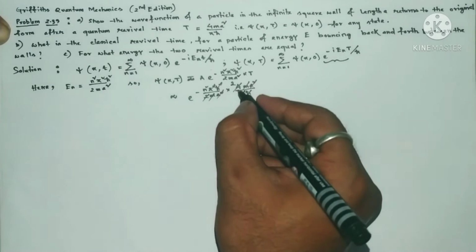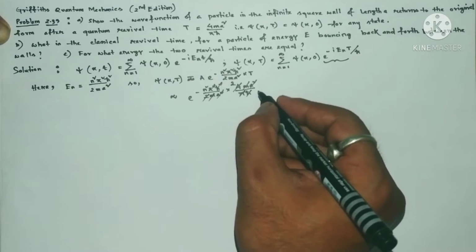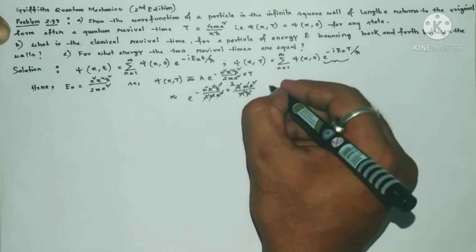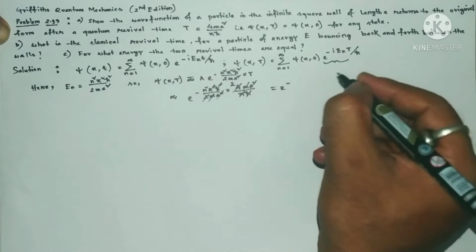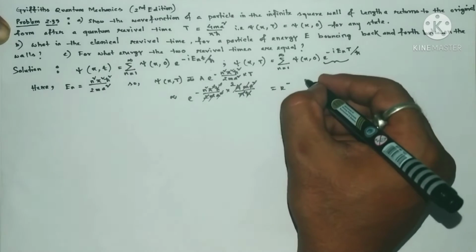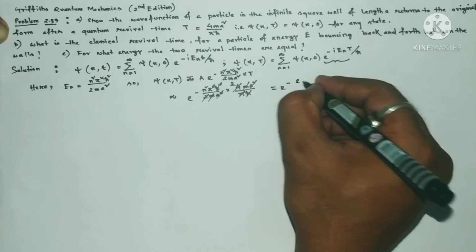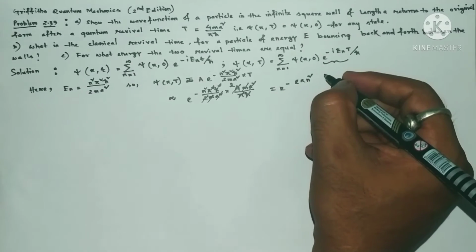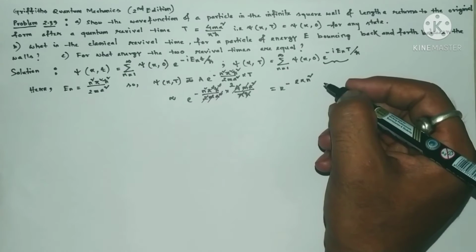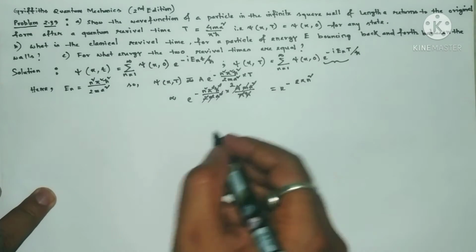So this is equal to e raised to minus i times 2π n squared.